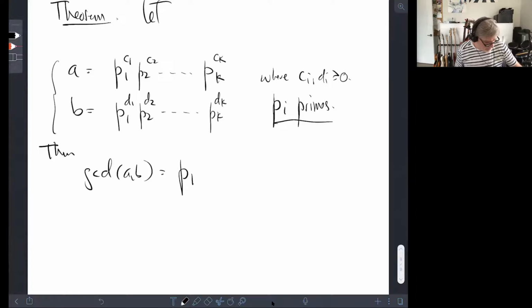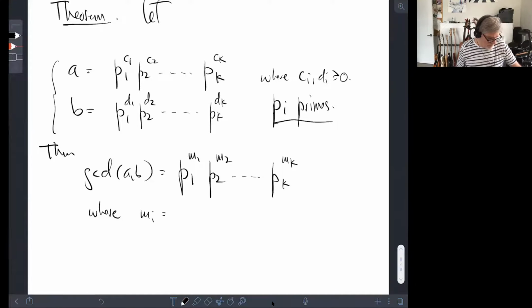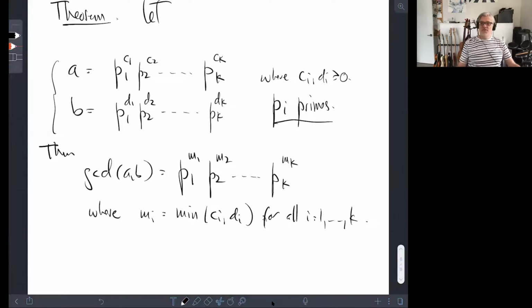So P1 to the M1, P2 to the M2, right up to PK to the MK, where M_i is the minimum of the exponents there for all i. That's the GCD.